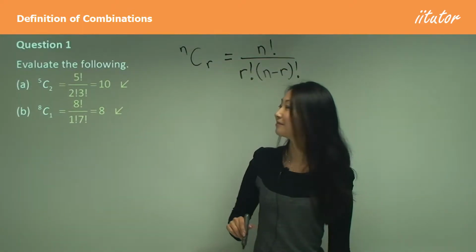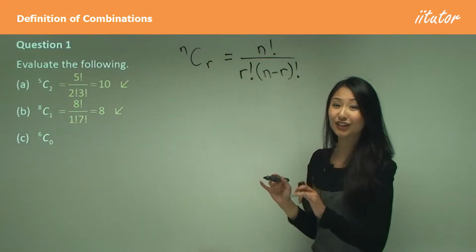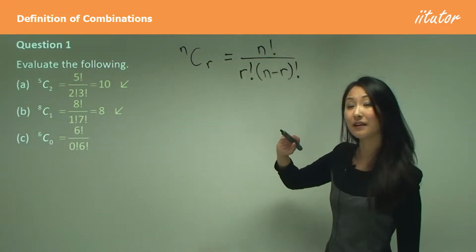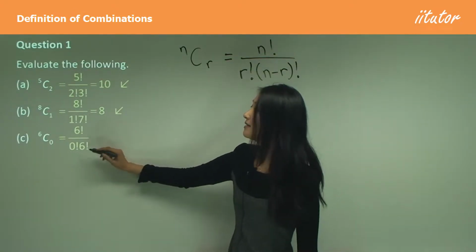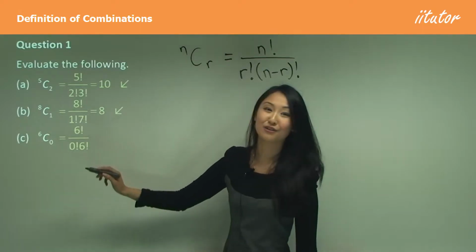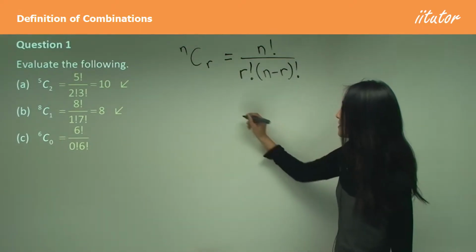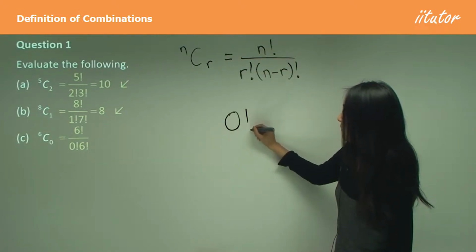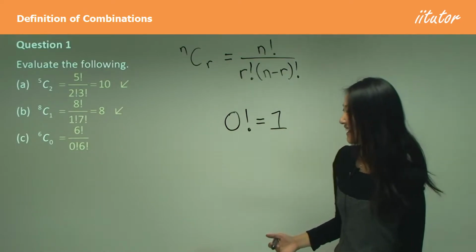What about 6C0? Just put that straight into the equation. So 6 factorial divided by 0 factorial, that's your r, times 6 minus 0, which is 6 factorial. The important thing to know, right at the start of factorials, we taught you that 0 factorial equals 1, and so we have to use that here.